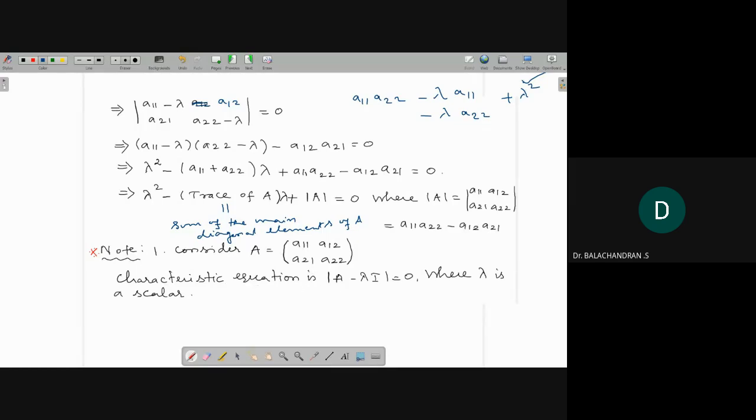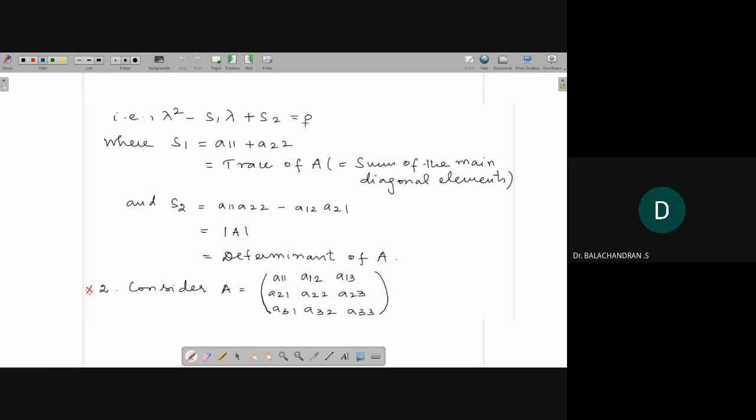The characteristic equation is the determinant of A minus lambda I equal to 0, where lambda is a scalar. So for any 2 by 2 matrix, the characteristic equation is of the form lambda square minus S1 into lambda plus S2 equal to 0.